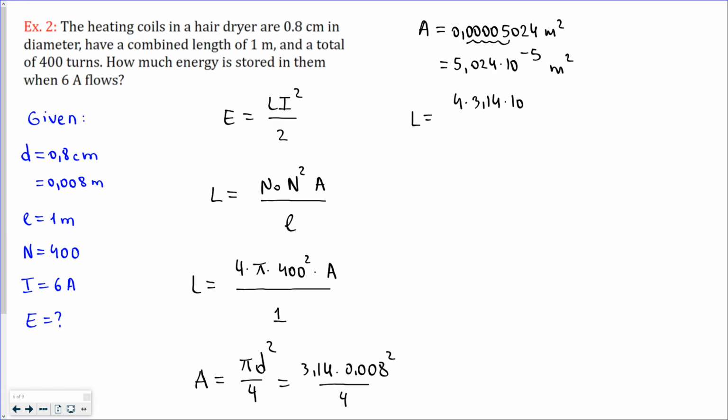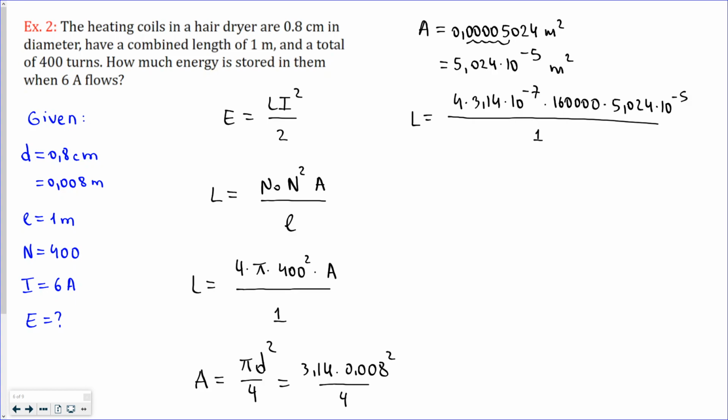10 to the minus 7 times 400 squared, it is 1.6 and 4 zeros, and area, as we said, 5 times 10 to the minus 5, and all of this we divide by 1 because the length is 1 meter.